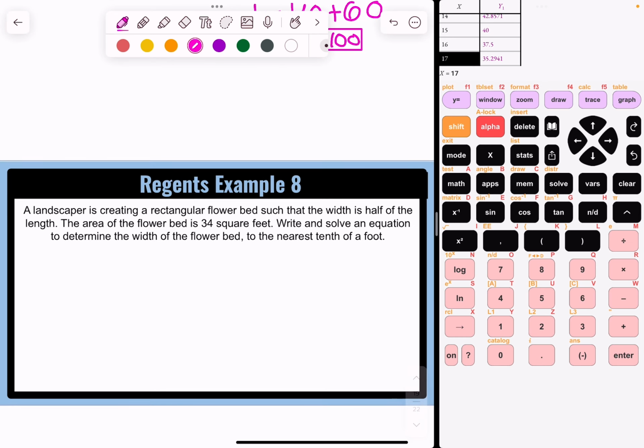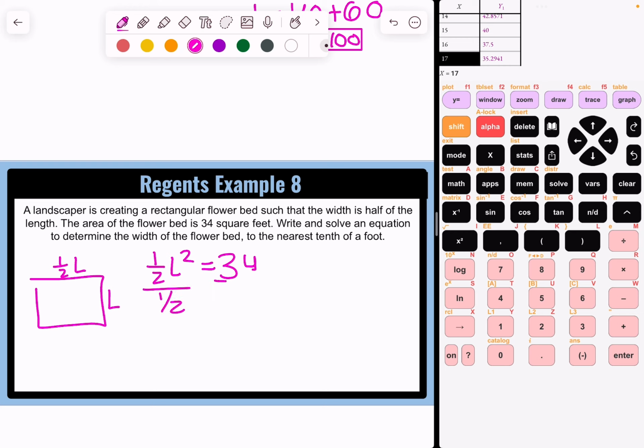A landscaper is cutting a rectangular flower bed such that the width is half its length. Okay. The area is 34, so let's do 1/2 L times L, which is L squared, equals 34.